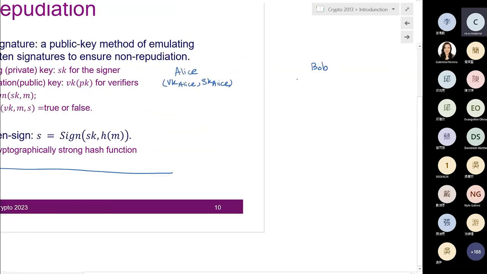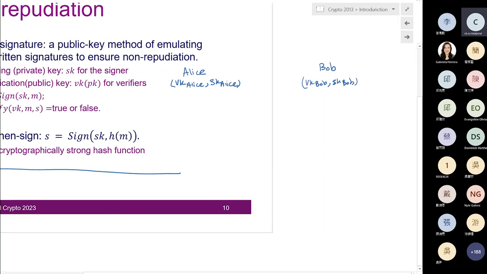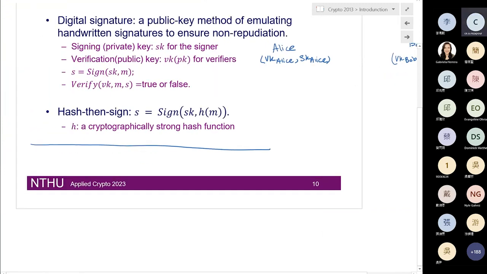And Bob has the same thing. Bob has a verification key for Bob and the secret key for Bob. Just like public key cryptography, these users need to publish their verification key. So the verification key of Alice and the verification key of Bob, and let's say some random bits, right?